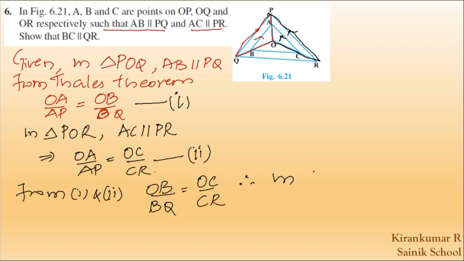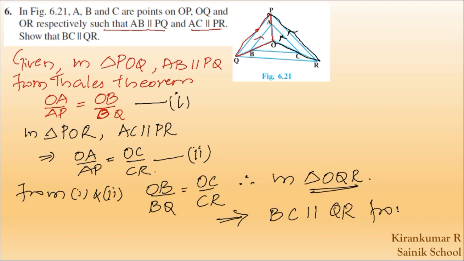Therefore, in triangle OQR, since OB by BQ is equal to OC by CR, this implies BC is parallel to QR from converse of Thales' theorem.